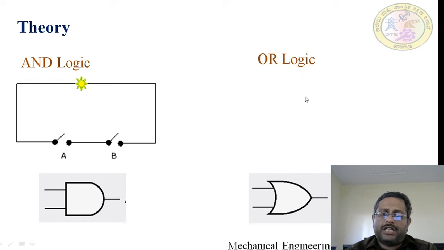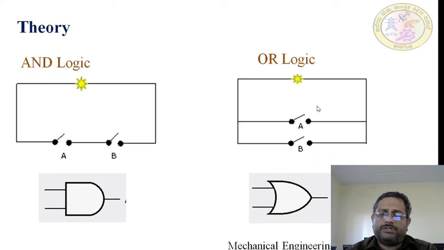To represent OR logic, we have a switching circuit like this, that is an electrical circuit. Here the two switches A and B are connected in parallel. To switch on an electric bulb, either switch A or switch B should be on, and the bulb will glow. Only if both the switches are open will the bulb not glow. To represent this OR logic, we have to construct ladder rungs.